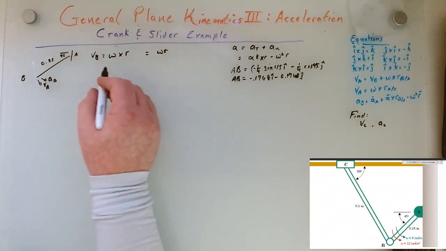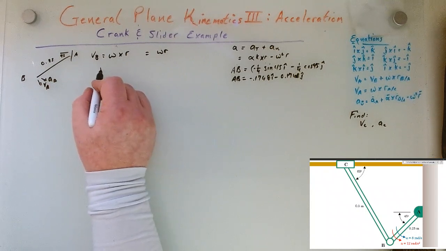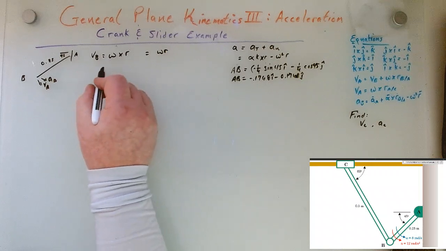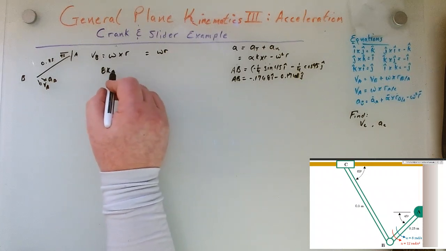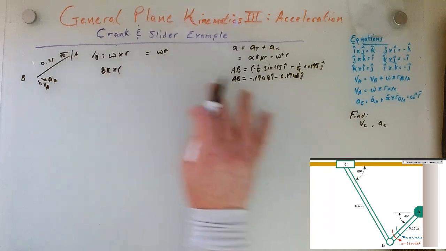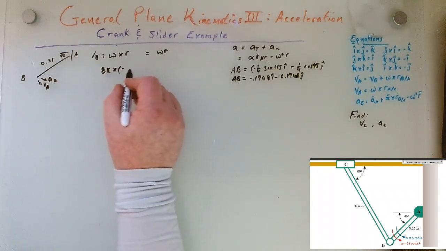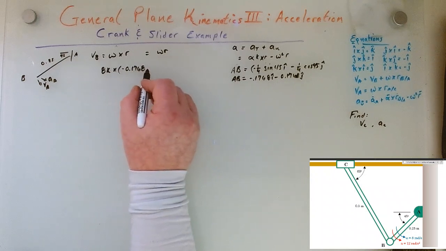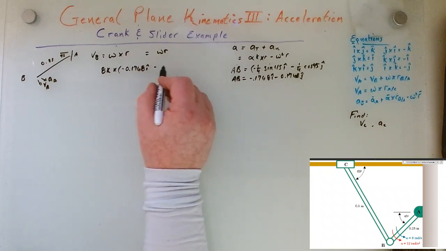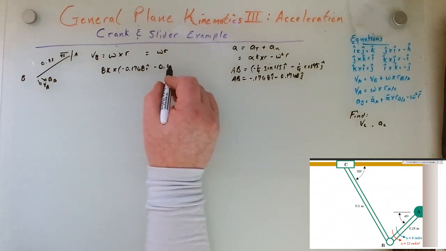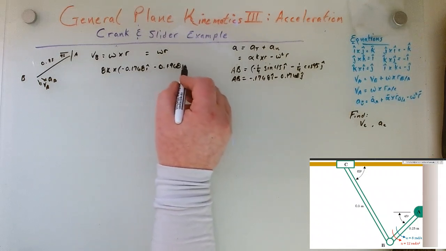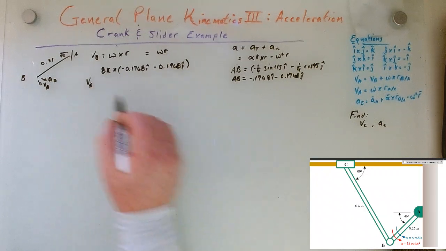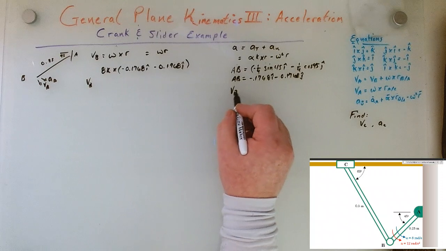In the vector form, this would be omega k, so 8k crossed with minus 0.1768 i minus 0.1768 j.